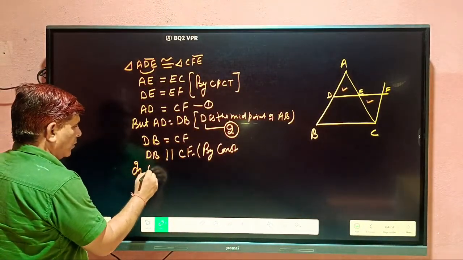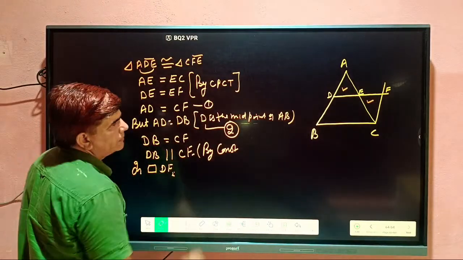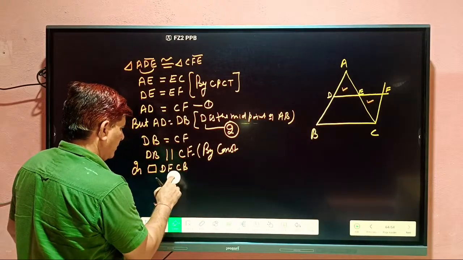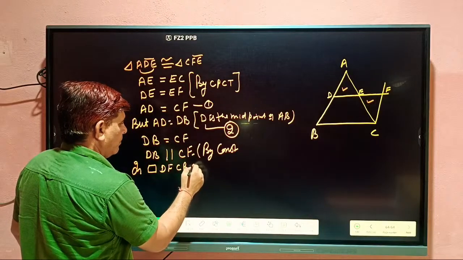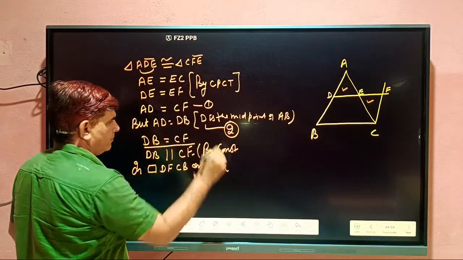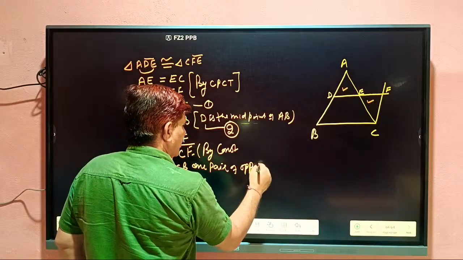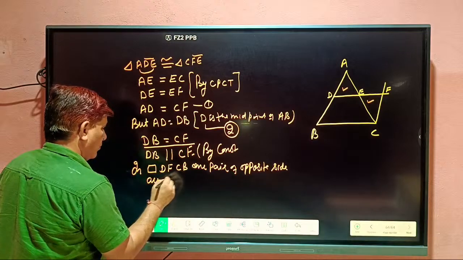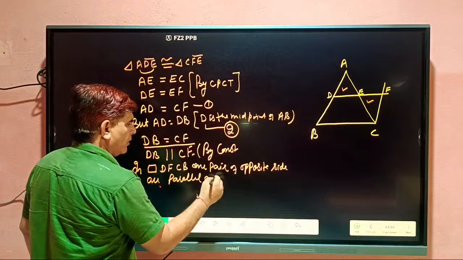In quadrilateral DFCB, one pair of opposite sides is parallel and equal.